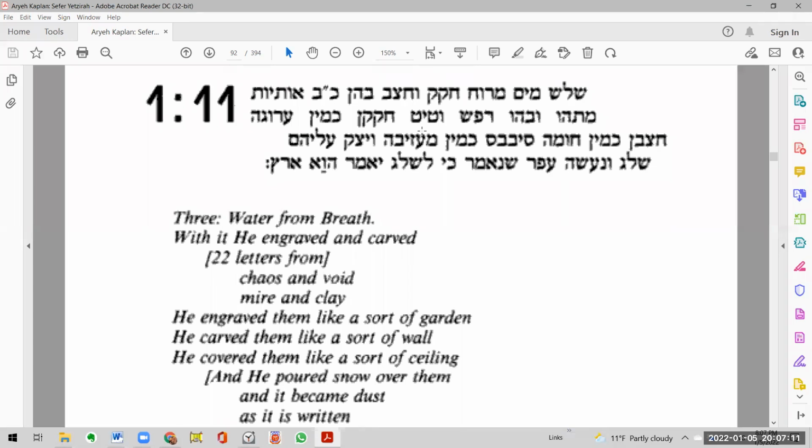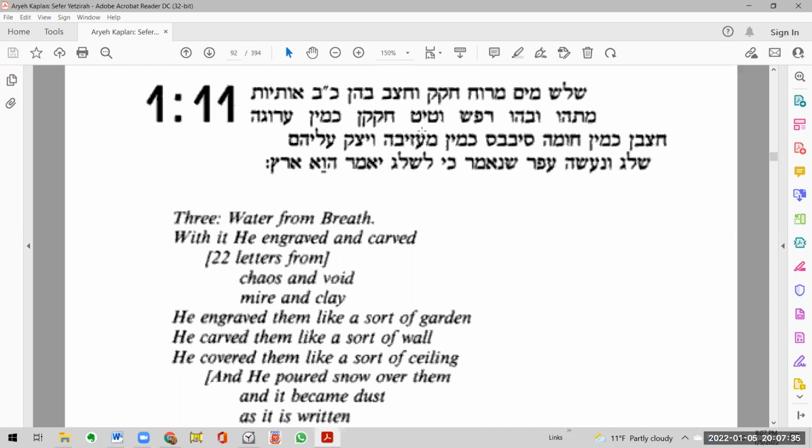Chatzavan kamin choima, and he hewed them out like a wall. Sivavam kamin ma'aziva, and he put a roof over them. He rounded them or covered them like a ceiling. We're talking about the letters here, the shapes of the letters. That's really what we're talking about.